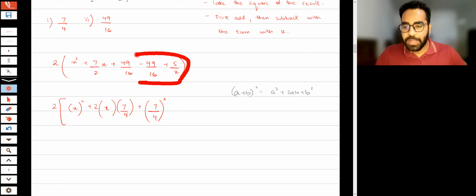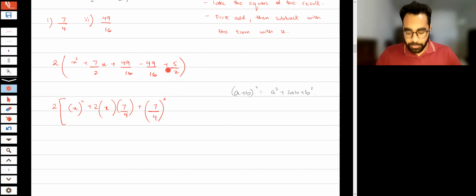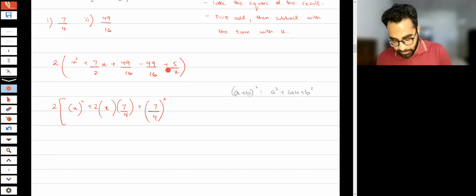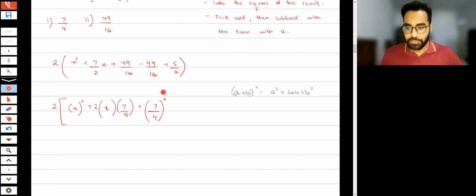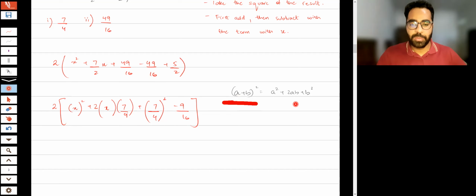Now you're left with minus 49 upon 16 and 5 upon 2. Use your calculator to find these values. So minus 49 upon 16 plus 5 upon 2 is going to give you minus 9 upon 16. Okay, this becomes minus 9 upon 16. Remember that you have to use the first 3 terms to apply the identity.